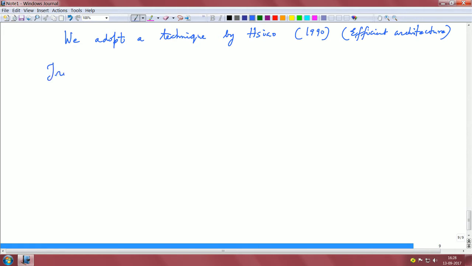So the trick, I think, is important, what the trick is. So if you think about a delay, right, this delay z power minus 1 can be written as z power minus 3 times z square. No big deal, what is a big deal if I write z power minus 1 as z power minus 3 and z square.